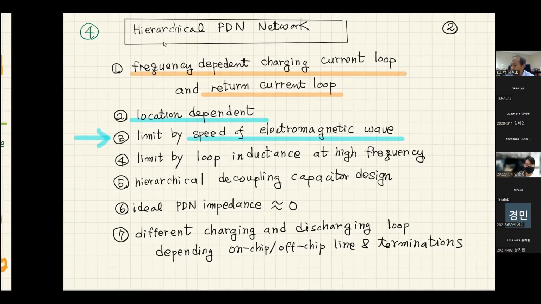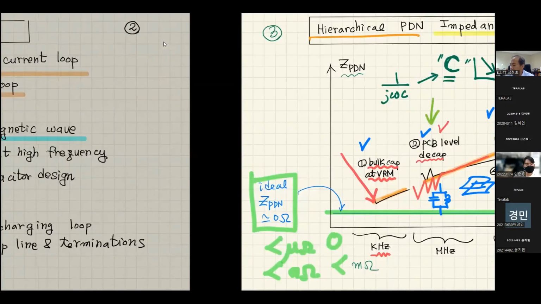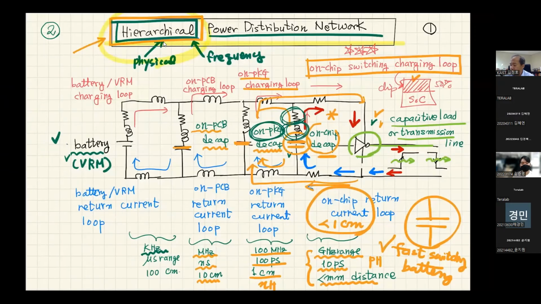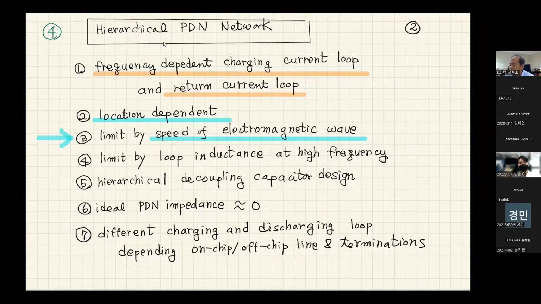In the previous slide, when I was talking about the power distribution network, I was relying on a capacitance and inductance circuit model. But from here to the IO circuit, even though you want to supply the charge as fast as possible, it will be limited by the speed of light.